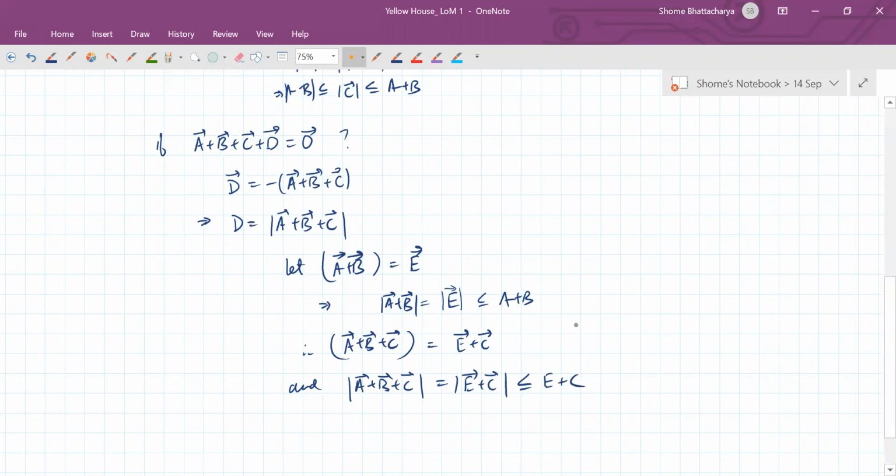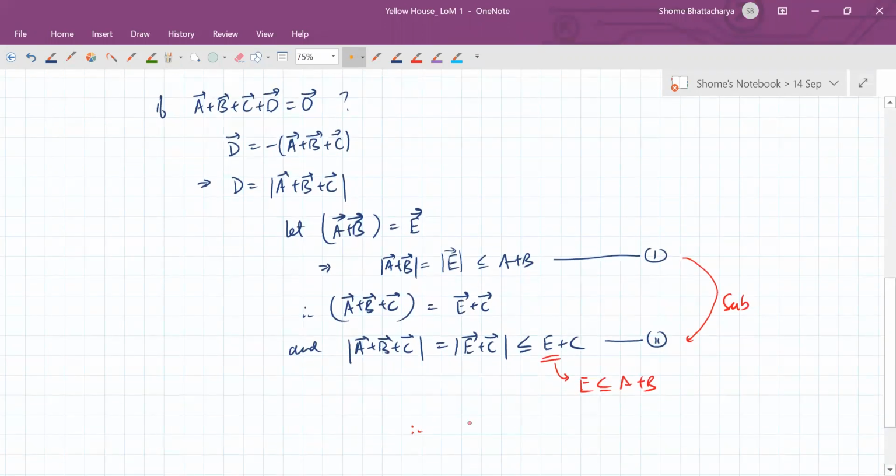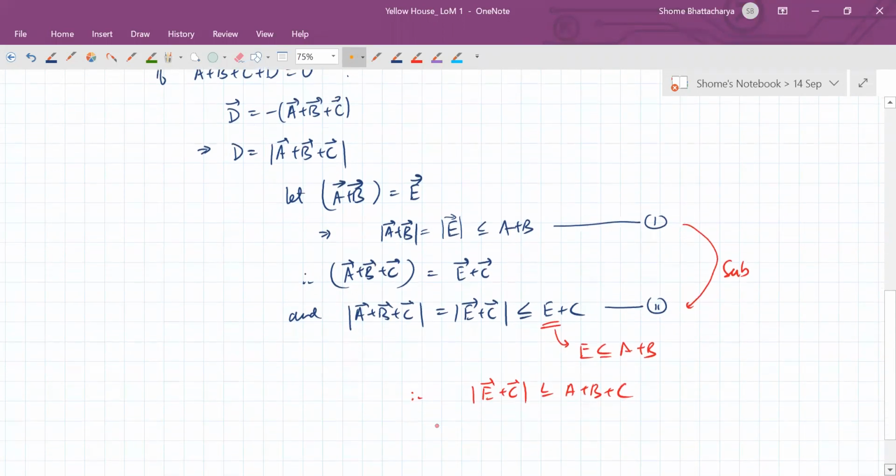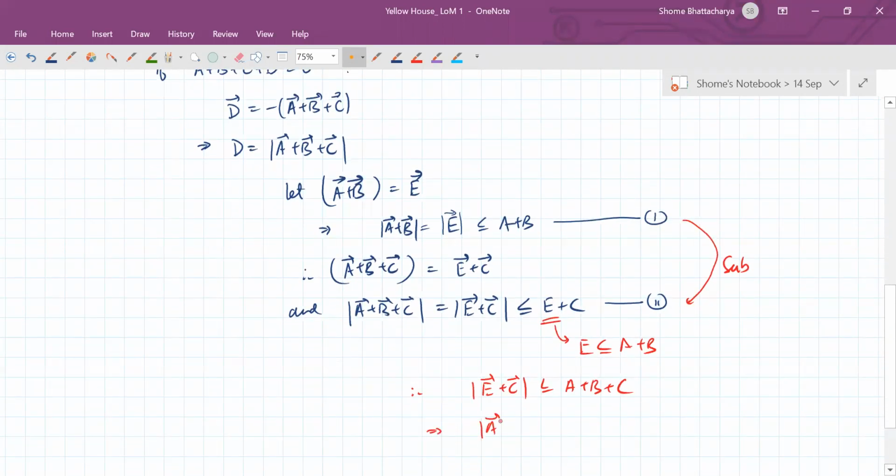Okay, now compare these two statements. So substitute this here. What is happening? This mod e is less than or equal to mod a plus mod b. Therefore, mod of e plus c is less than or equal to mod a plus mod b plus mod c. So that means mod of a plus b plus c should be less than or equal to the sum of the three.